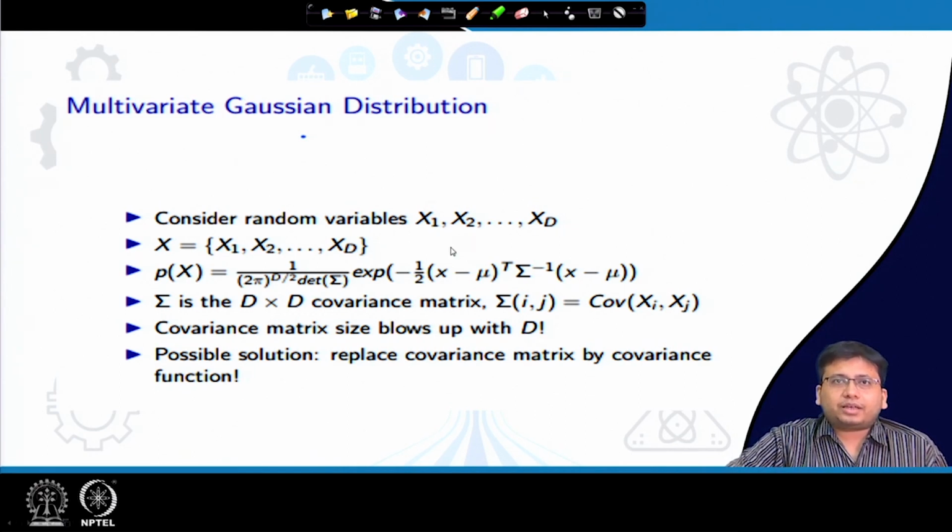Now, the same thing can be considered in multiple dimensions also, in high dimensions also. So, instead of having a single variable, let us consider a collection of d variables like this, x1, x2 up to xd. Okay. And now, all these random variables can be taken together to form a vector of random variables, which we can call x.